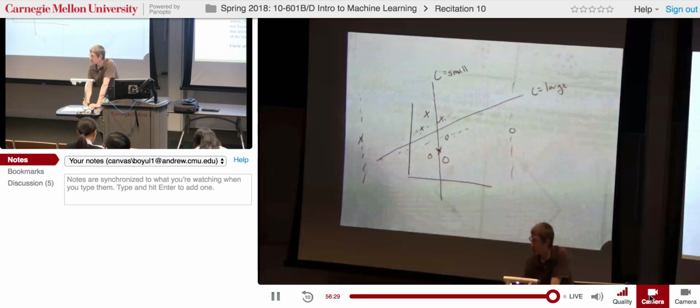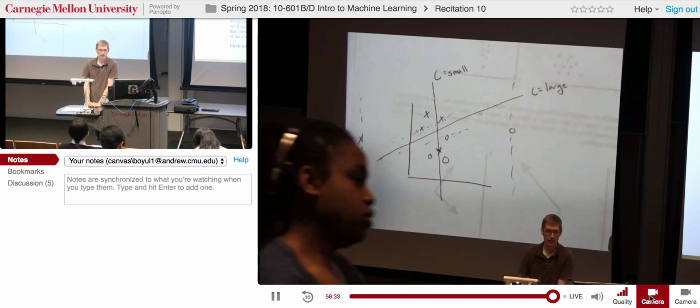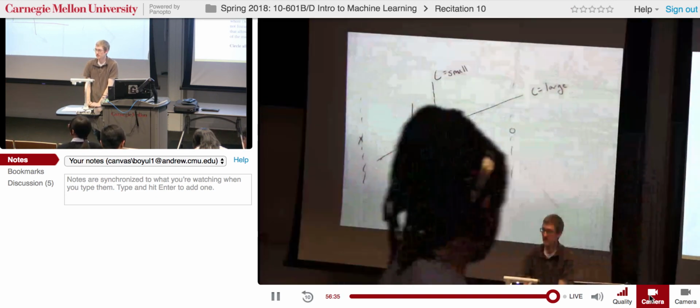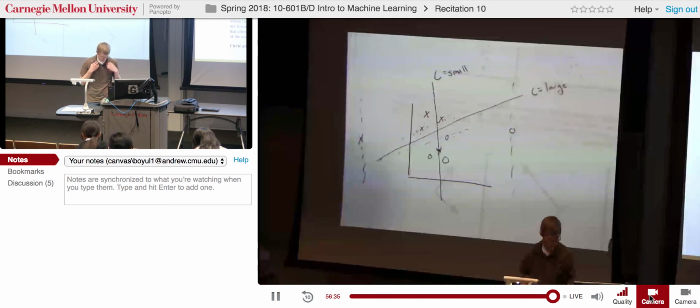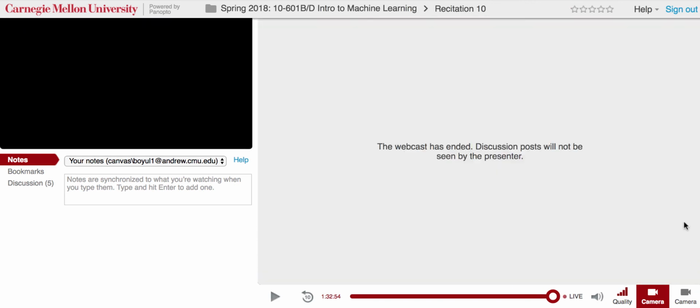What about 4 points? Can we shatter 4 points with rectangles? When it's 3 points and there's a positive and a negative in between and a positive at the bottom, how can you separate that with one rectangle? You can't, but the point is that if these were all in a line, that wouldn't work.